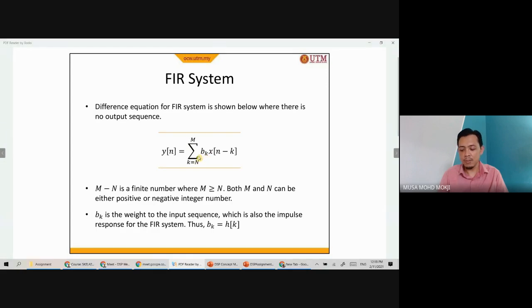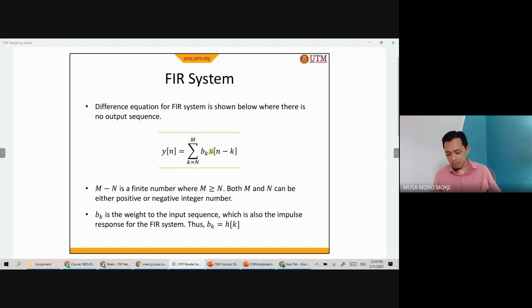It is a summation of b_k multiplied with x[n-k]. What is b_k again? b_k is the coefficient b, the weight for the input sequence. And because this is a finite impulse response, b_k is finite. It starts from some value and runs until some value M, so it is a finite length.